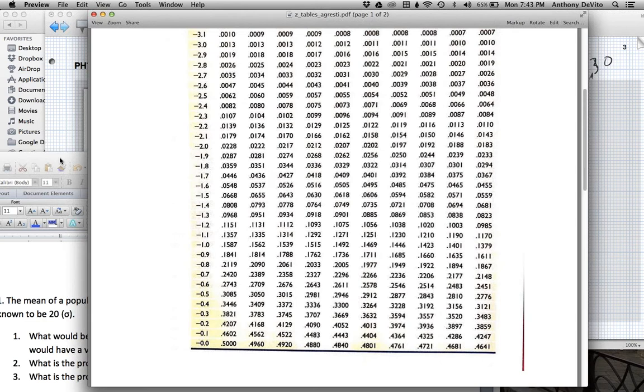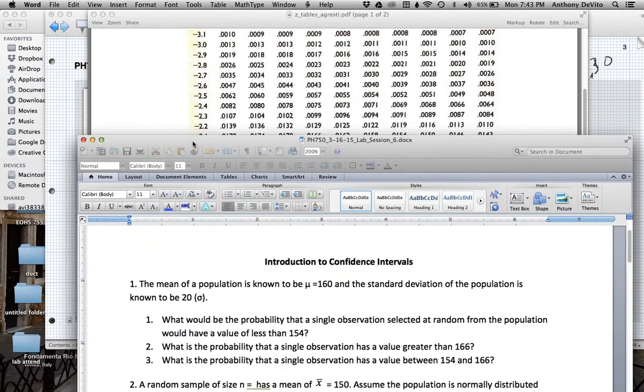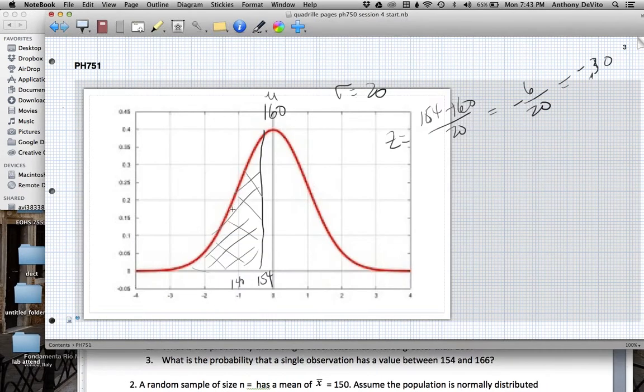And that's 38.21% is the area to the left of that, or 0.3821. So the probability that you would pick an individual that has, whatever this is, blood pressure, blood sugar, whatever it is, less than 154 is 38.2% or 0.382.